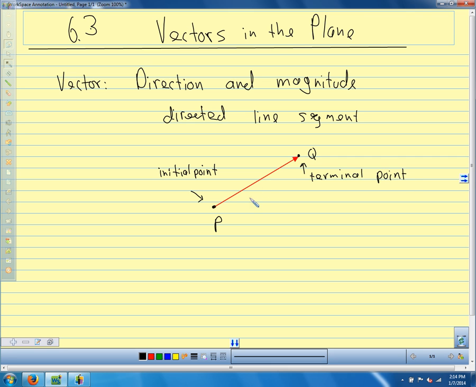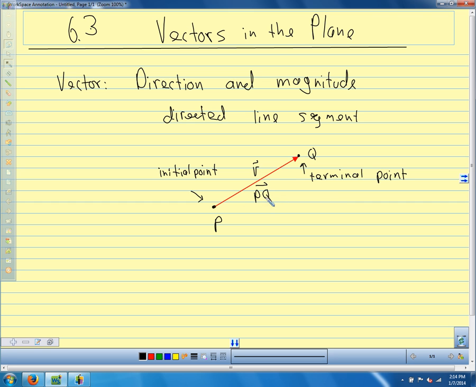And we would name this vector PQ, and we put this little half arrow over the top. We could also call it vector V. And I put a little tail on my V because my V's and my U's end up looking the same. So we can call this vector PQ, vector V.